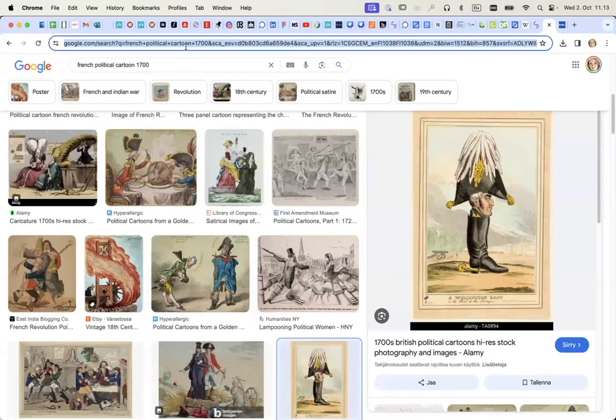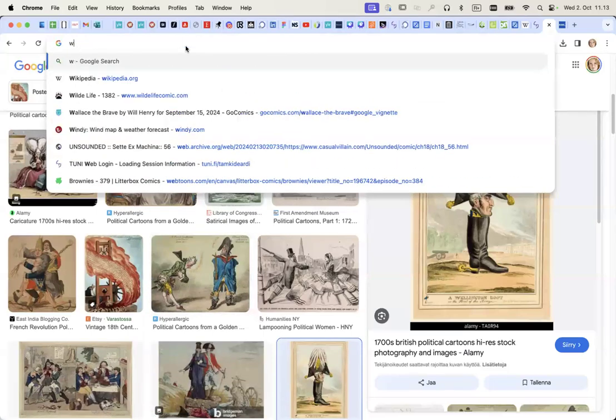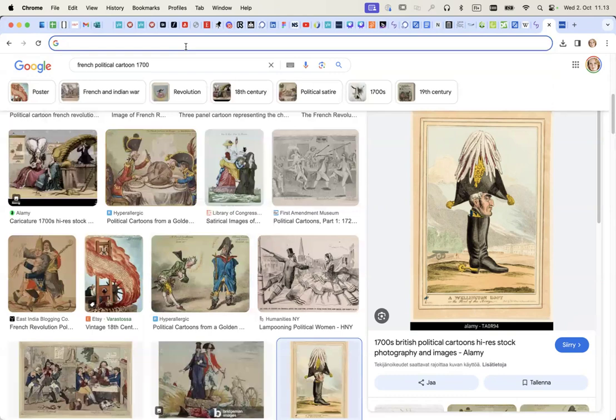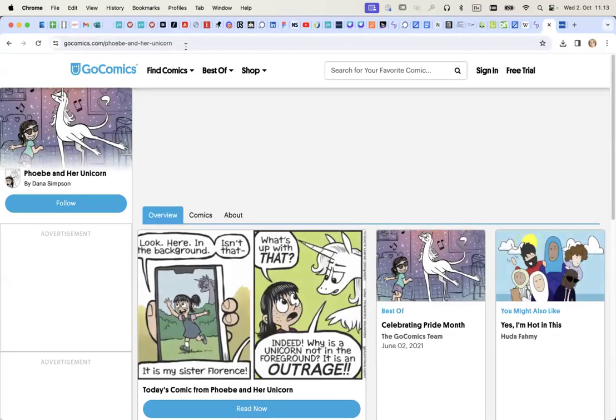But let's go to a place called, not Webtoons, let's go to Go Comics. So there is one place which has a lot of comics and also editorial cartoons.